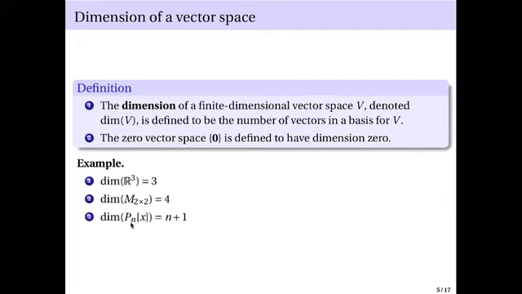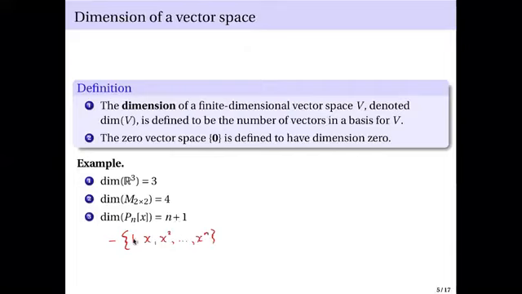And then the dimension of Pn(x), the space of polynomials of at most degree n, is n plus 1. If you don't remember, the basis for this Pn is 1, x, x squared, until x to the n.